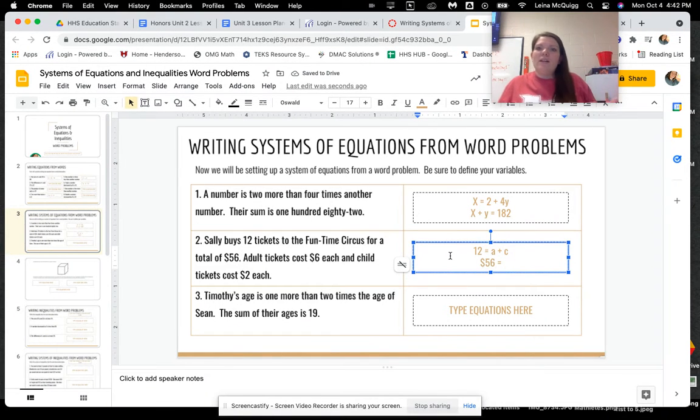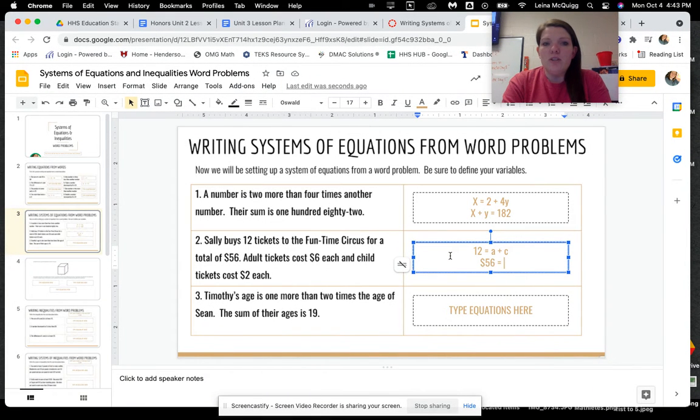But how do we figure out what that $56 consists of? Well, we bought children tickets, we bought adult tickets, and each of those tickets has a different cost. So if I were to figure out how much we spent on just adult tickets, we would have to take the number of tickets they purchased and multiply that by the cost of that ticket. So that's what we're going to do in this equation.